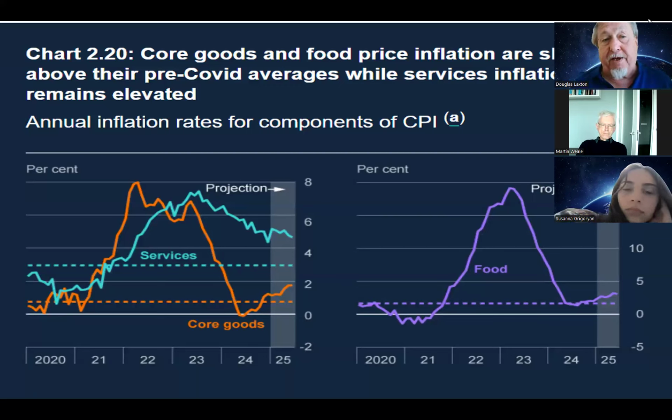This is taken from the latest monetary policy report. You can see that service price inflation is still well over 4% in the United Kingdom. And that, of course, is significantly higher than many other countries that started raising interest rates faster, in some cases a year earlier than the UK.